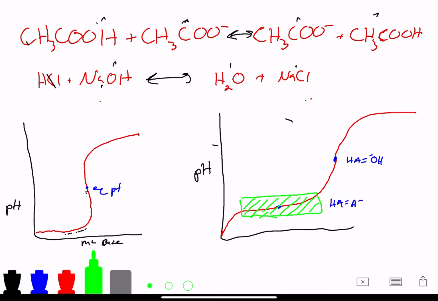There's an equation that applies specifically to buffers, and that equation is pH is equal to the pKa plus the log of the concentration of the conjugate base over the acid. Now, if you remember, pKa is just the negative log of Ka. So if you have the Ka, you can always find the pKa.